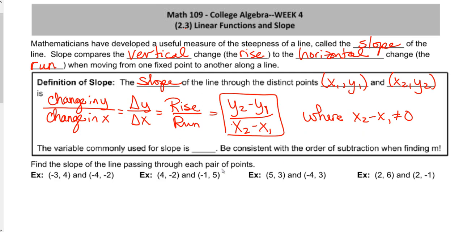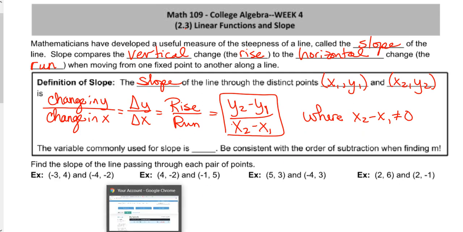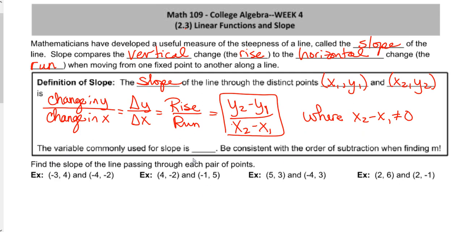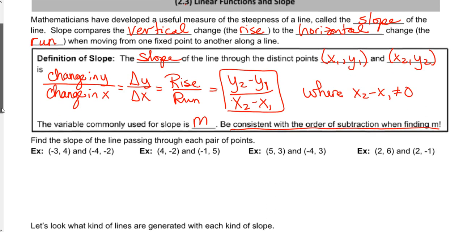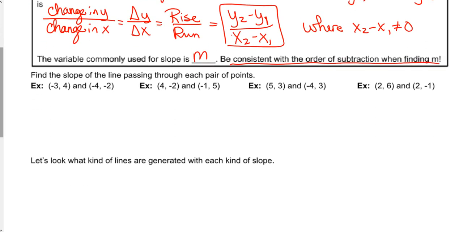We don't want that equal to 0 because that would be undefined. The variable commonly used for the slope is m. And here's where I also say to make sure you are consistent with the order of the subtraction when finding m. Okay, so let's practice that a little bit.